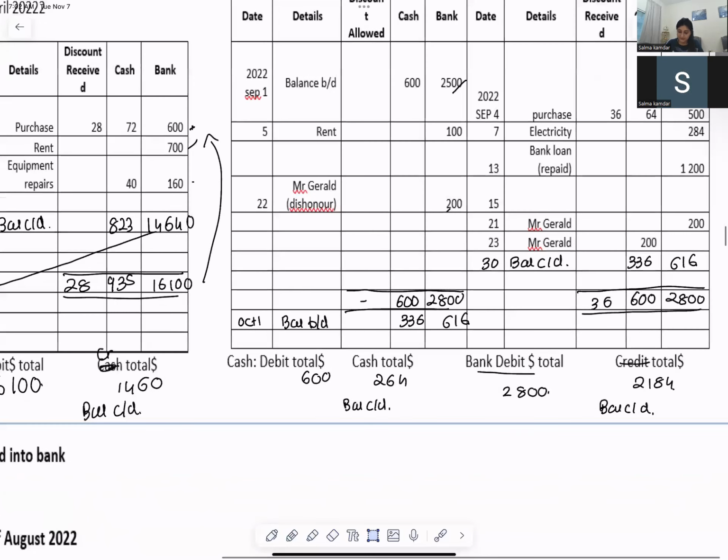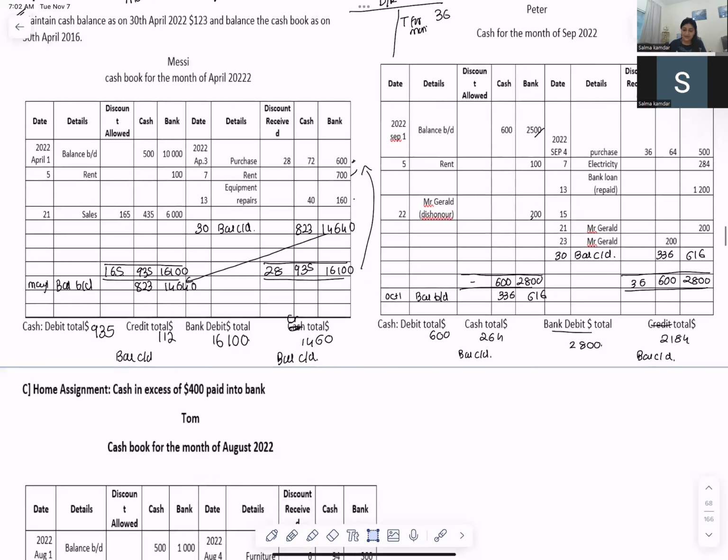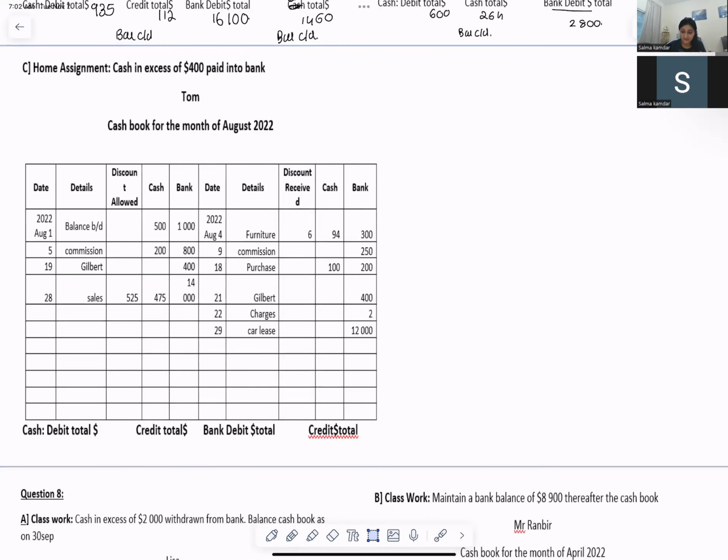So this is called the type 1 balancing. The type 2 balancing is a bit difficult, and this is the part that normally is asked in the question. Let's see. The first thing that you always do is draw the total lines. After drawing the total lines, the discount allowed and discount received will be totaled.